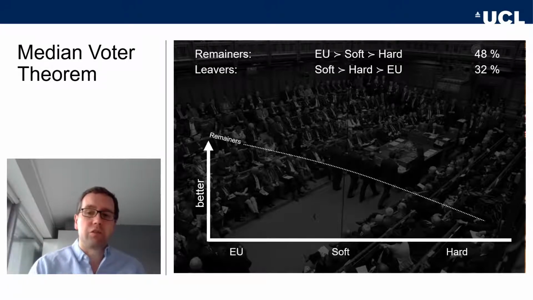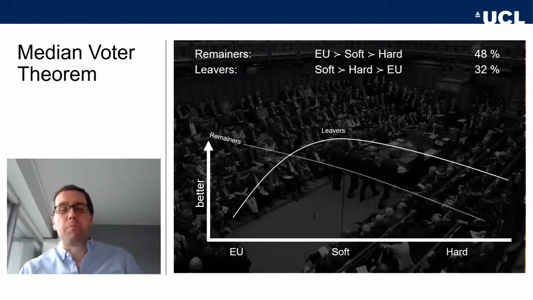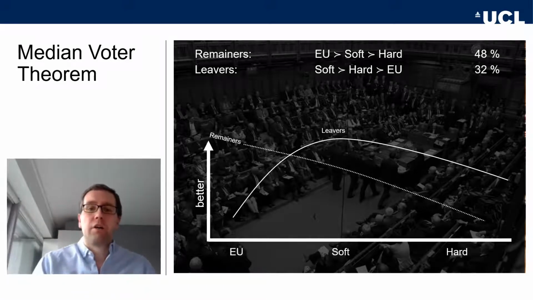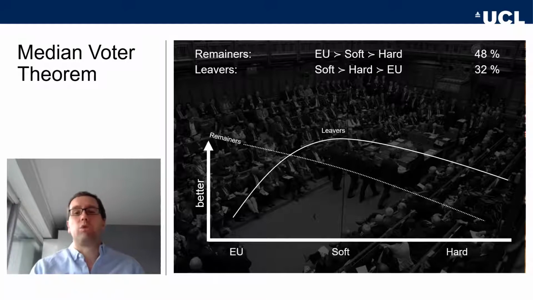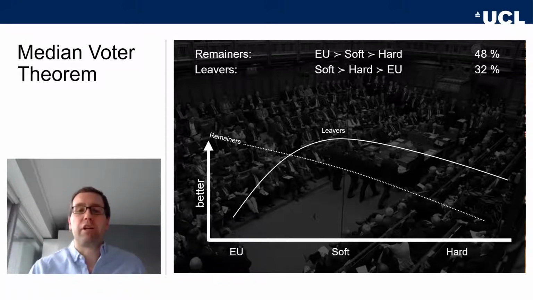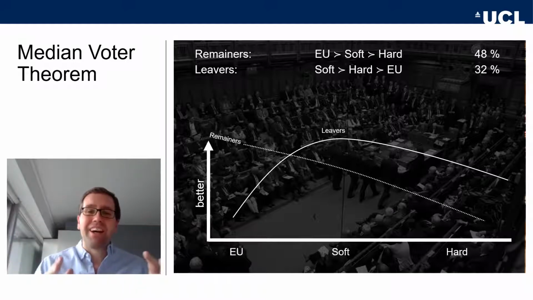Well, the Leavers also fall nicely onto this spectrum. The Leavers have a strong preference for soft over hard Brexit over EU. Again, these are both groups that have what we call single peaked preferences. So they have a point somewhere in this issue space, this degree of Brexitness that should be achieved.